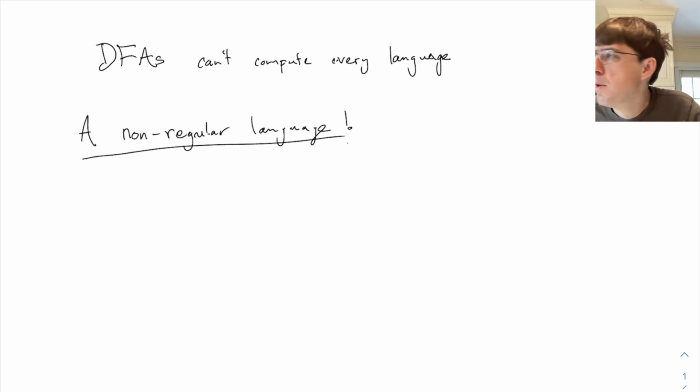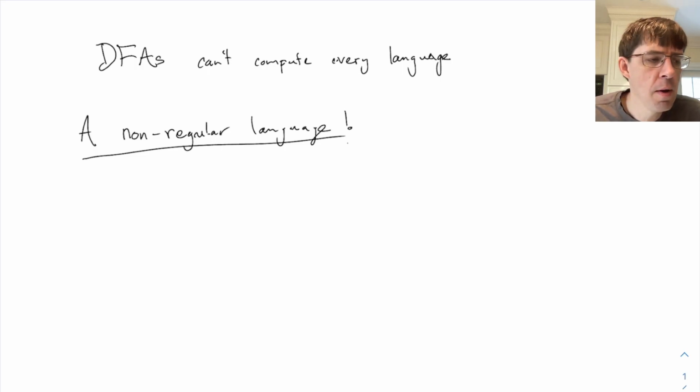But for now, I just want to demonstrate that it is not easy to show that a given language is non-regular. You basically have to invent a proof custom-made for the language you're talking about, unless you know some fancier tricks, which we will eventually get to. I just wanted to do one by hand.